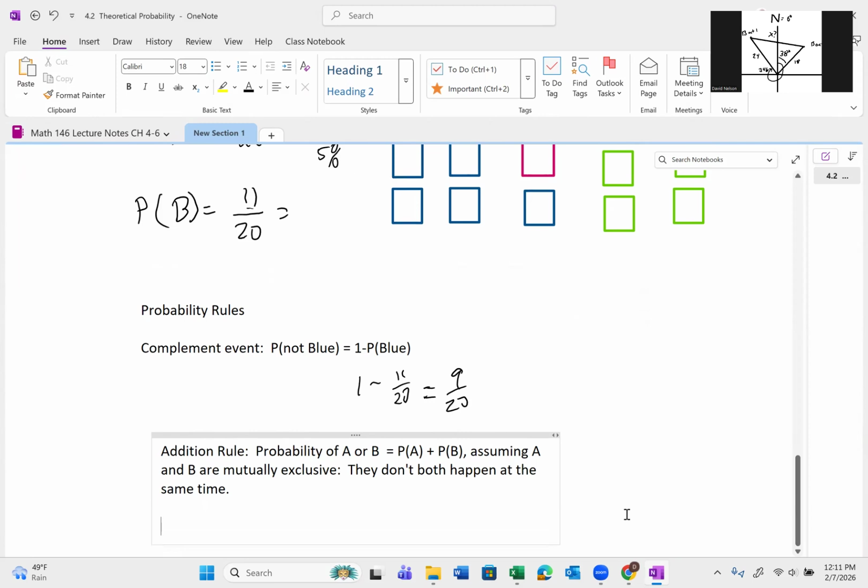And then there's also the multiplication rule.